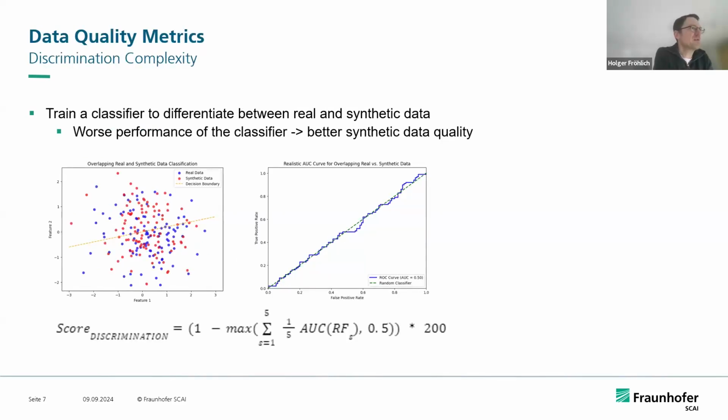Regarding the first point, what we do here is train a machine learning classifier, a random forest, to differentiate between real and synthetic data. The idea is that the worse this classifier performs, so if it is more or less at chance level, the better the synthetic data quality.